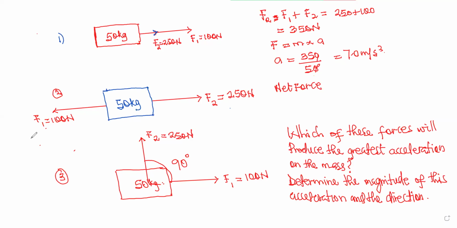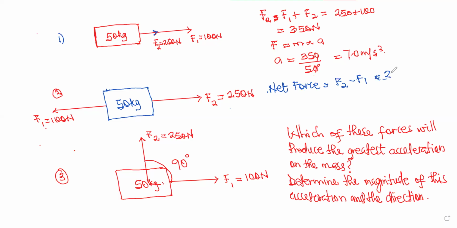Since the forces are going in opposite directions, you subtract. Good. So when two forces are acting oppositely to one another, the net force is determined by subtracting the smaller force from the larger force. So the resultant, the net or unbalanced force, will be F2 minus F1.